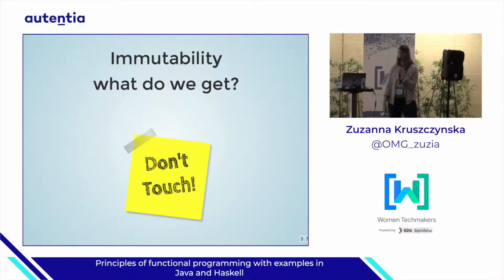The last thing about immutability is a use case when, well, writing any program, there are some things that you don't want someone else to change. There are some things that you want to stay the same, or you want just you to be able to change it and not someone else.